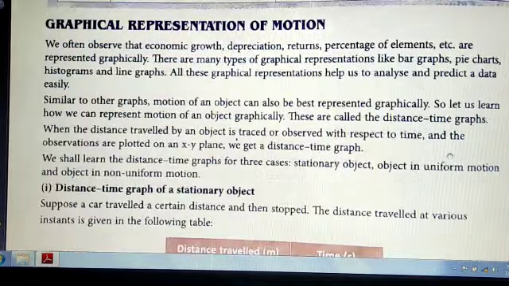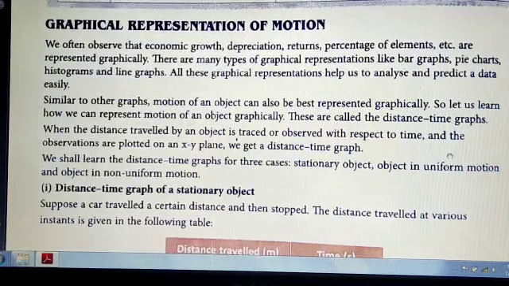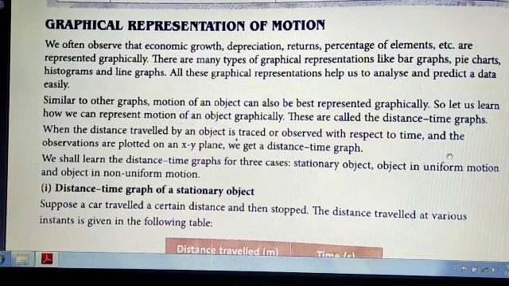Now graphical representation of motion. Earlier also I have sent some graphs in the beginning of the chapter.